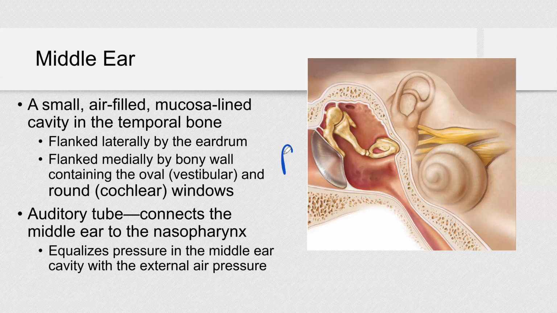So when the external air pressure increases, you want to equalize it through this tube. That happens when you are in an airplane, for example, and you feel like your ears are plugged. If you open your mouth, that should help you to equalize the pressure and reduce this sensation of plugged ear.